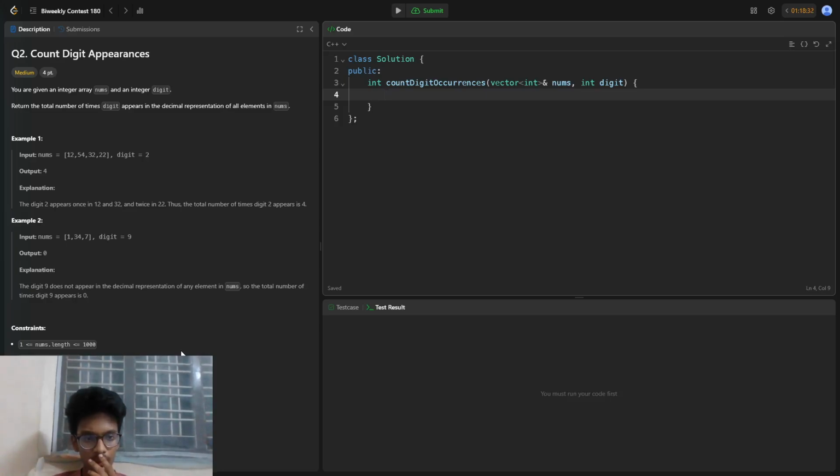So for each number, if I extract the digits, which is a simple program, I can do it, right? So I can just do int answer equal to 0.